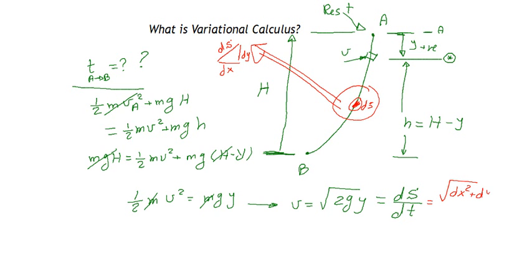So we now have a relation between velocity and dt. Let us go further. So v, which is equal to the square root of 2gy, is equal to the square root of dx squared plus dy squared, which was ds over dt.